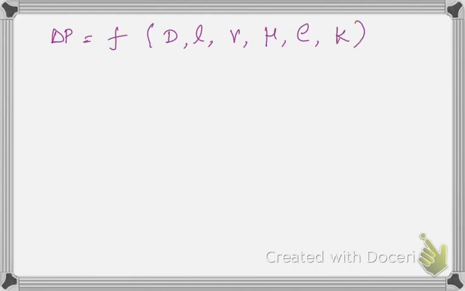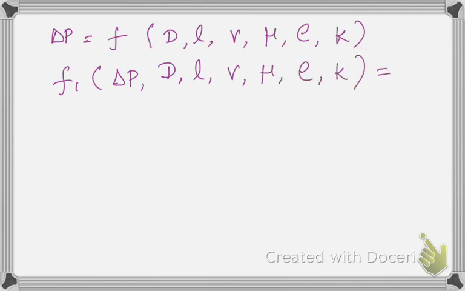This can be rewritten as F1 of del P, D, L, V, mu, rho, K is equal to 0. Now we have to count the total number of variables n, because only if we get the n value will n minus m give our pi terms.